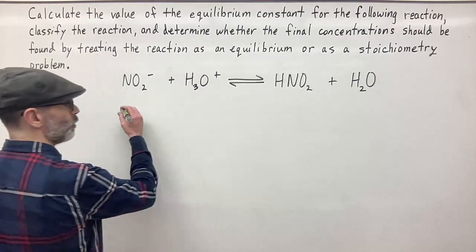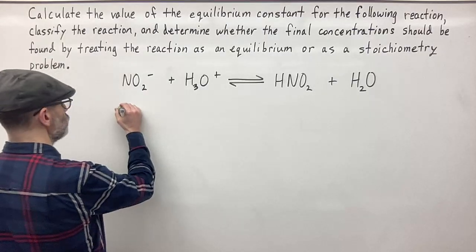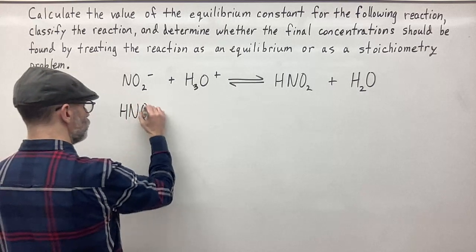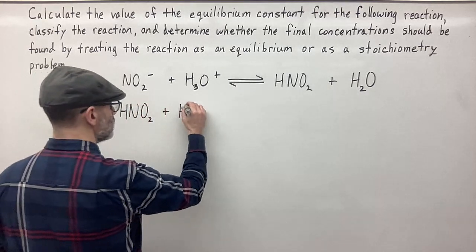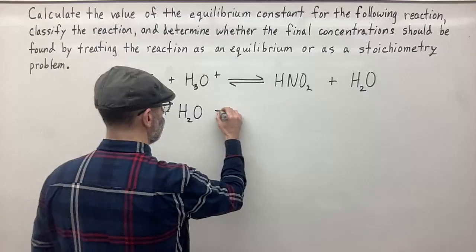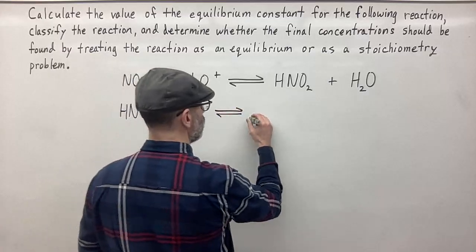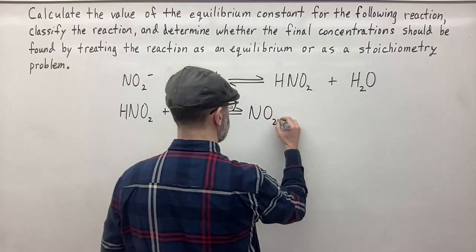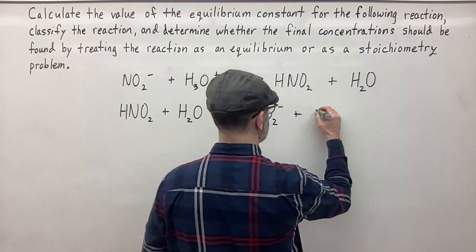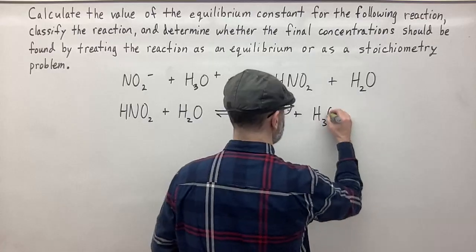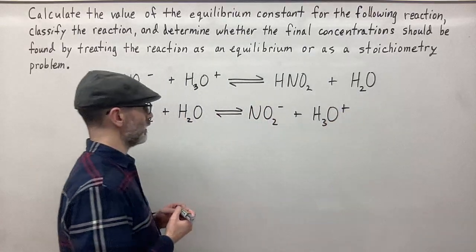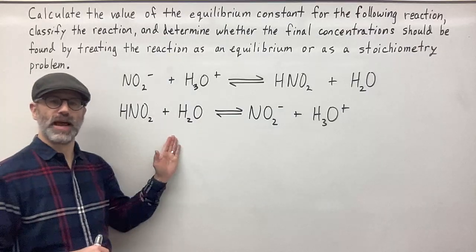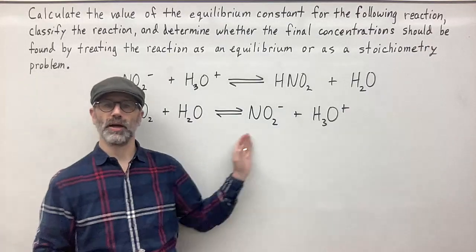So if we write our equation in the reverse direction, we get HNO2 plus H2O in equilibrium with NO2 minus plus H3O plus.